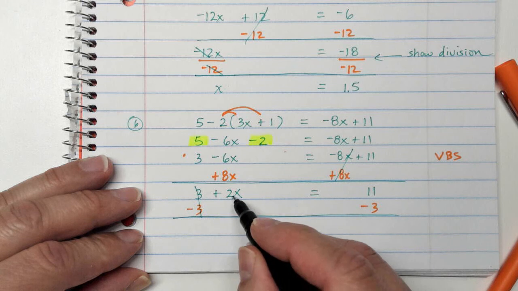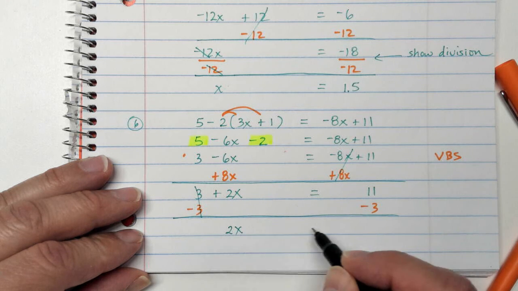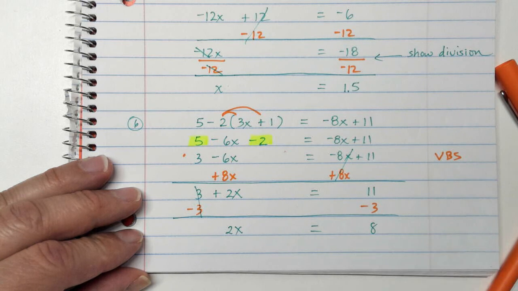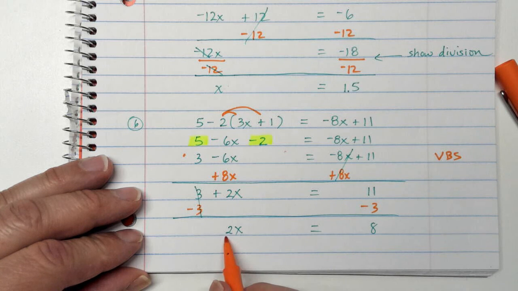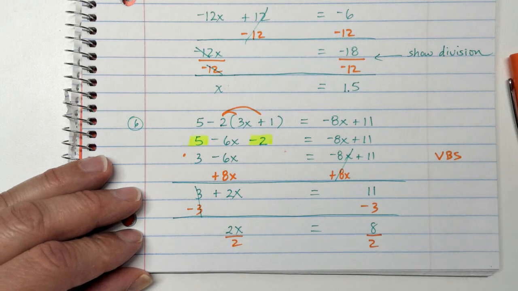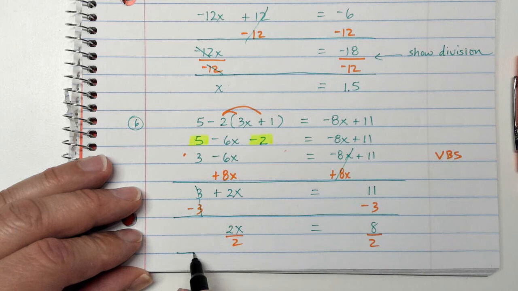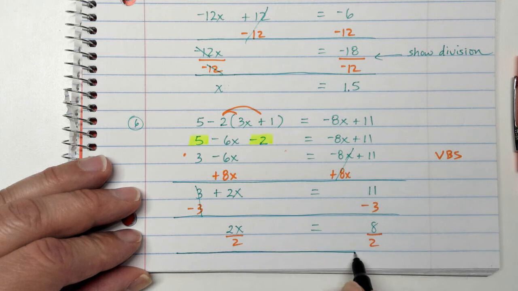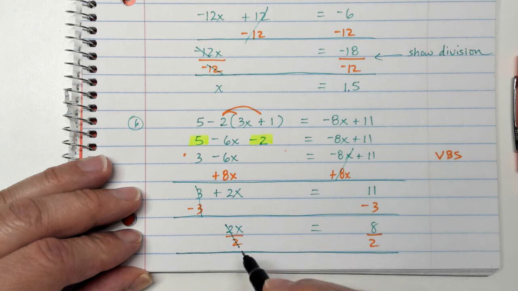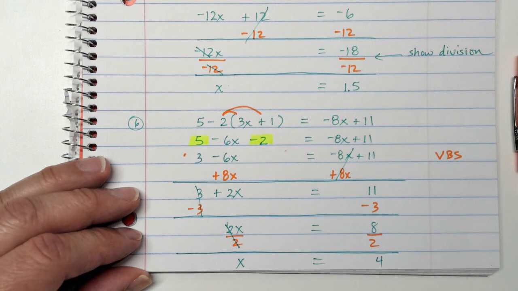That's 0. 2x equals 8. Divide by 2, AKA the coefficient. Divide by the coefficient, whatever the coefficient happens to be. That equals 1. 1x equals 4. Done. 15 minutes, my bad.